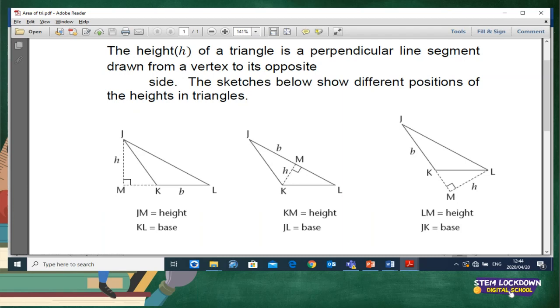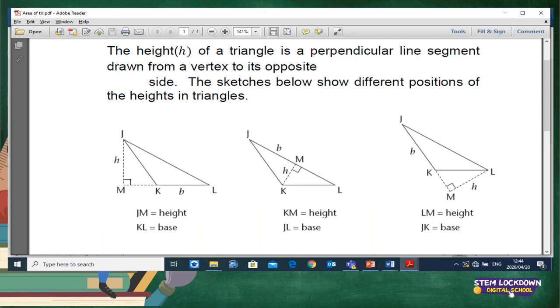Even by inspection, you can tell that the base of the triangle will be JL, because that is where you are able to draw now another line. So you can draw a perpendicular line in different ways. The first one was JM. The second one there is KM. So look at the third one.